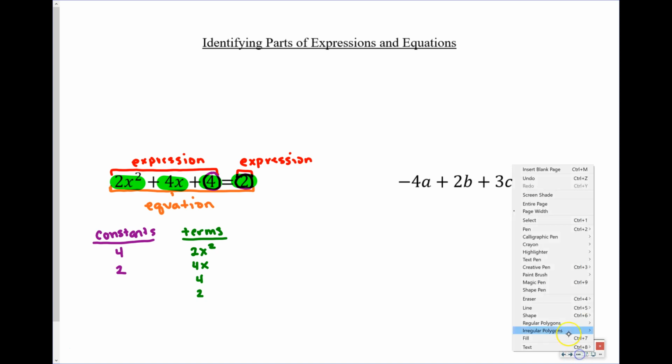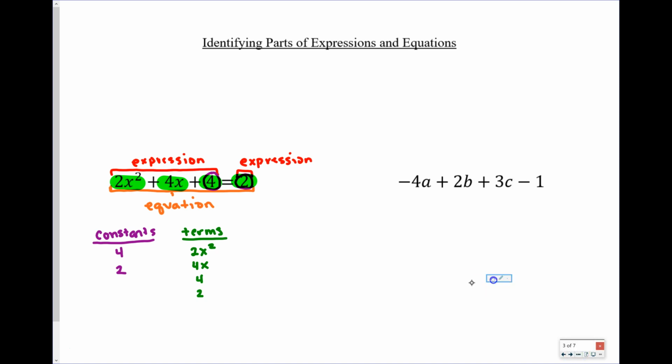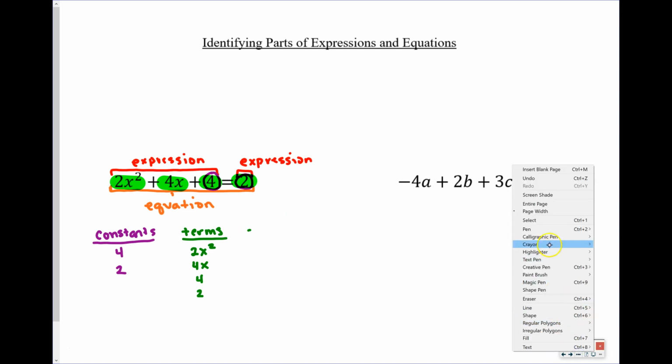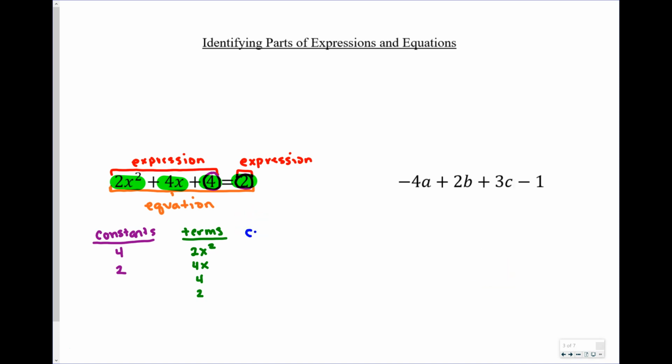Okay, now I need to know the coefficients. Oops, I don't know why that still stayed green. That is interesting. Okay, coefficients. My coefficients are going to be this 2 and the 4. It's the 2 and the 4 because they are in front of variables.